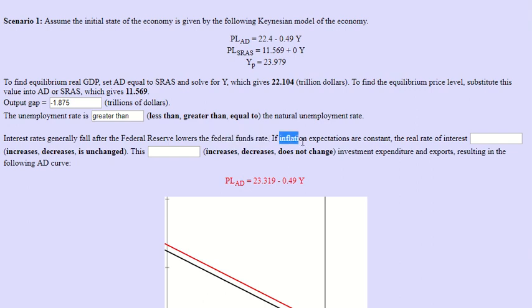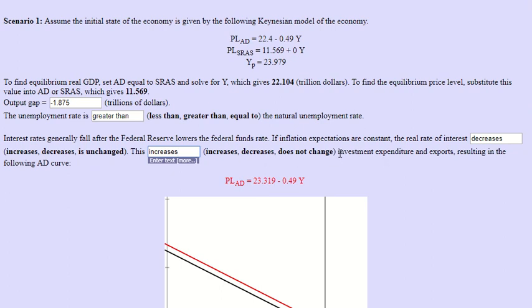Now, if inflation expectations are constant, that's a pretty big if, the real rate of interest will decrease. And we'll learn about why that is in a future lecture PowerPoint. Okay, now that action increases investment expenditures in the form of new homes that people buy, or factories people expand, or new businesses that entrepreneurs open up.